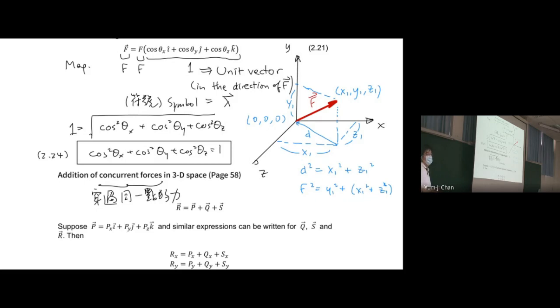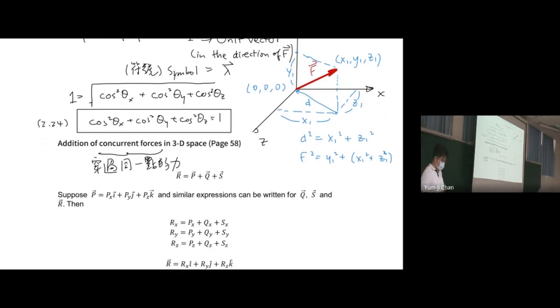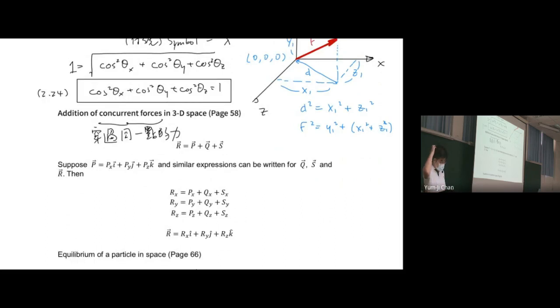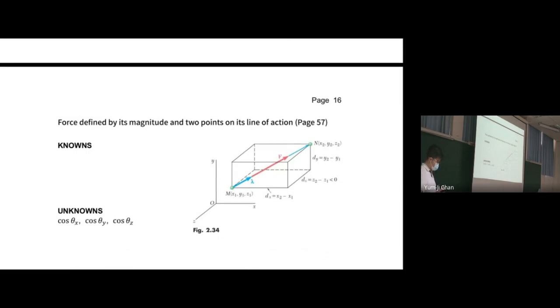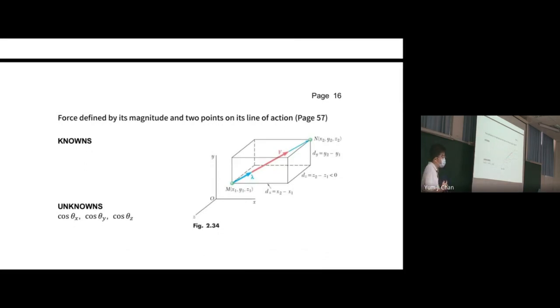So for the next page, I won't do everything, but let me give you an idea of what's going on here. Usually in engineering we don't know what cosine theta x, cosine theta y, and cosine theta z are, but we know one thing.